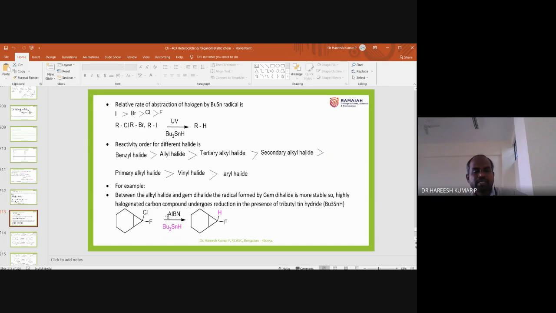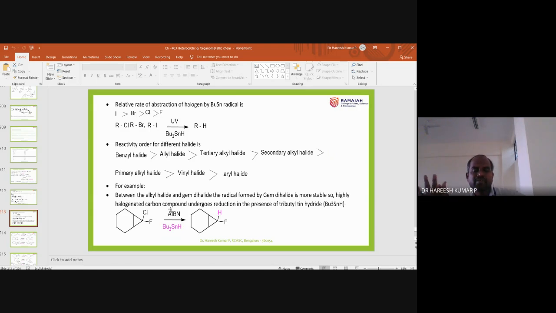Okay. So for example, I think you are aware of the halide and gem halide. If two halogens are attached to the same carbon atom, that is called a gem halide. And one more type is a simple halide.